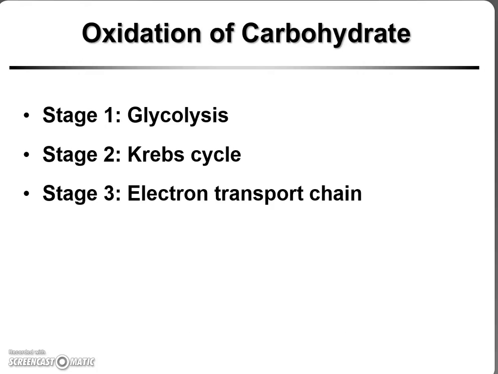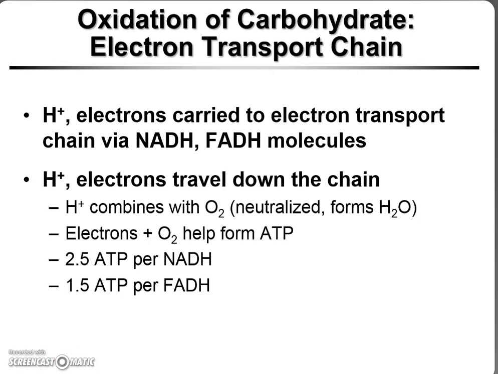Now, carbohydrate is that special fuel, the body's preferred energy source, because it can be broken down in glycolysis and the Krebs cycle, which is the next stage in the breakdown, which is oxidative, and the electron transport chain, which is a key element of the oxidation of carbohydrates.